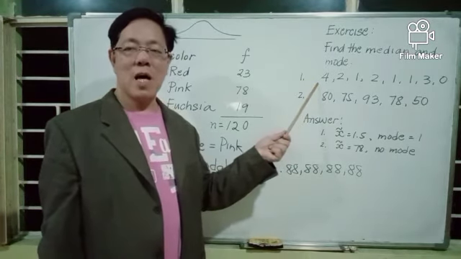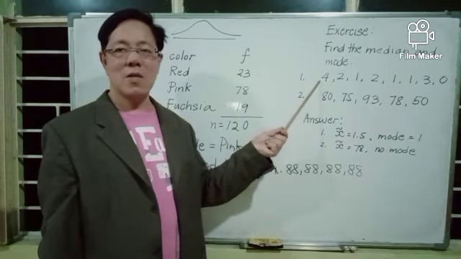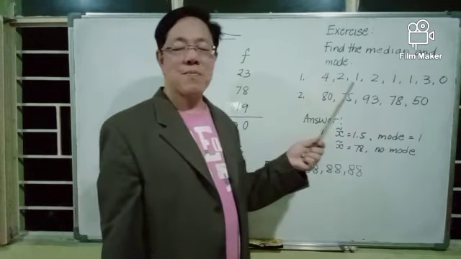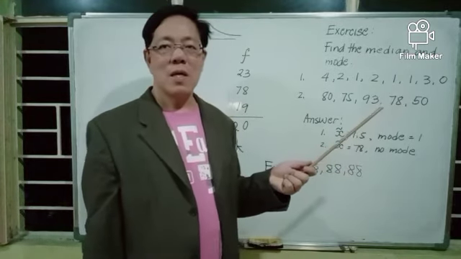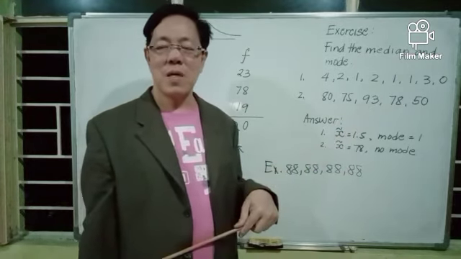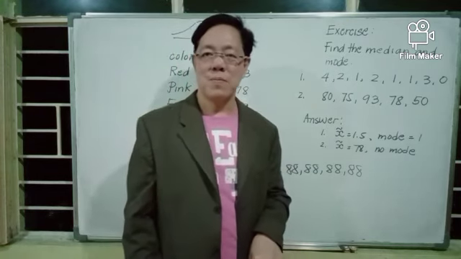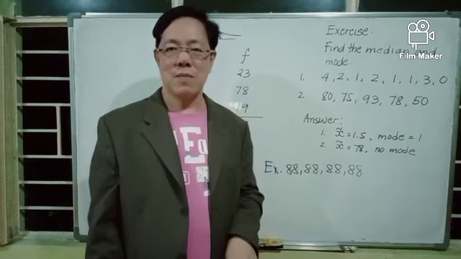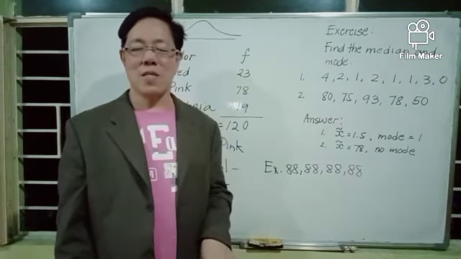To find the median, either arrange these scores or these numbers in ascending or descending order. And then you compute n plus 1 and divide by 2. If the sample size is odd, then you have exactly one score at the center of the distribution of scores arranged in ascending or descending order.